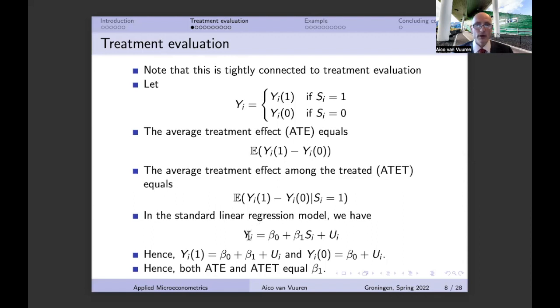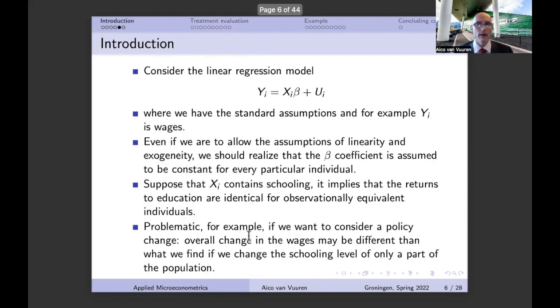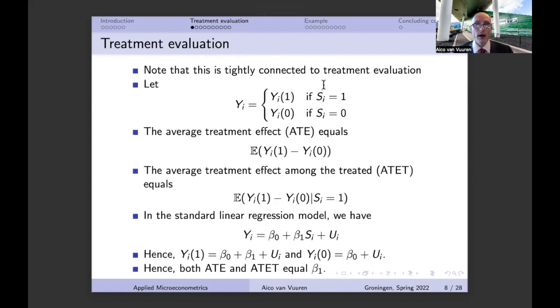If we go back to the slide that we had over here, then for the simple treatment evaluation model, we have only two outcomes, SI equal to 1 and SI equal to 0. So we simply have a regression where on the left hand side we have YI, and on the right hand side we have beta 0 plus beta 1 SI plus UI. So one regressor which is either equal to 0 or 1 depending on whether you are treated or not.